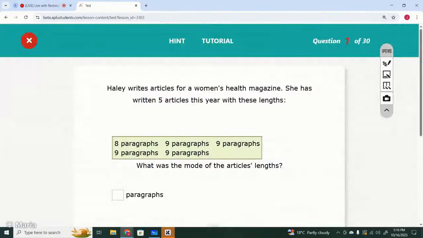Halle writes articles for a women's health magazine. She has written 5 articles this year with these lengths. What was the mode of the articles' length?